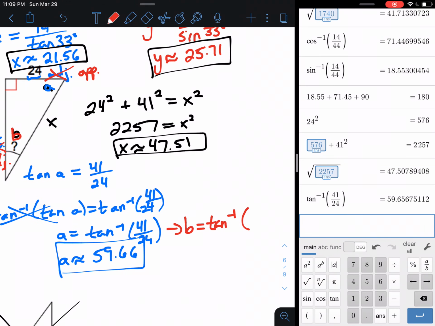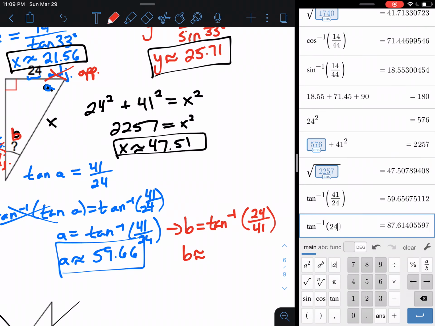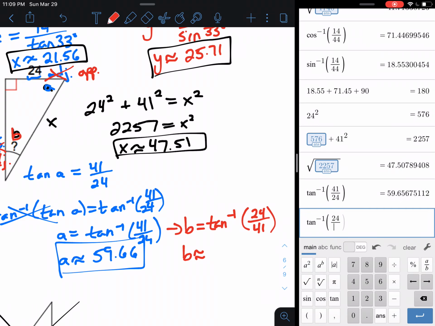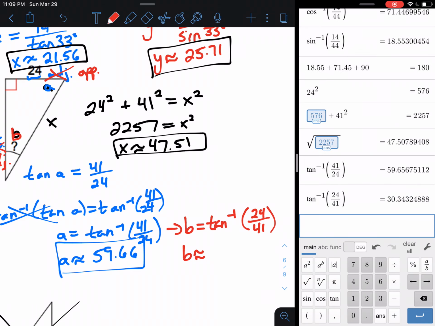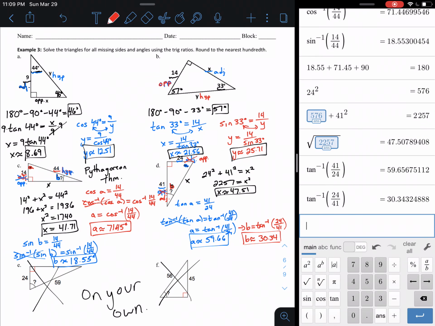So switch around the 24 and the 41. And that'll save us a little bit of time when solving it as well. So inverse tangent 24 over 41 is approximately 30.34. And I'll leave it to you to check to see if all those angles add up to 180. Looks like they will, but I'll leave that for you to check on your own.